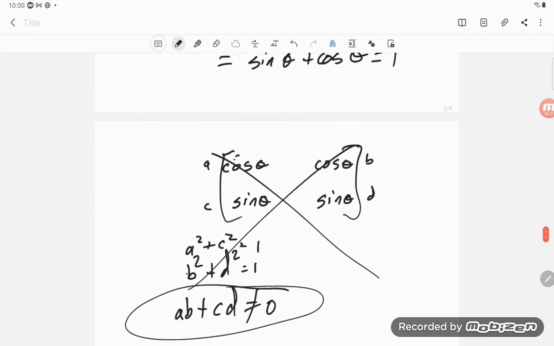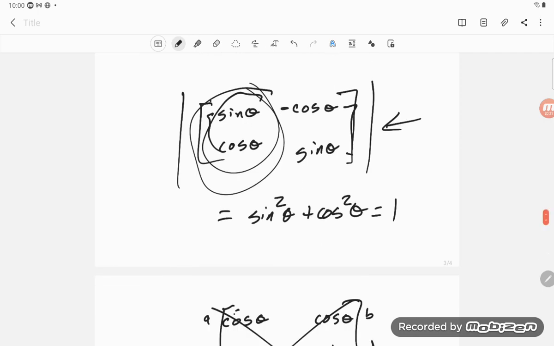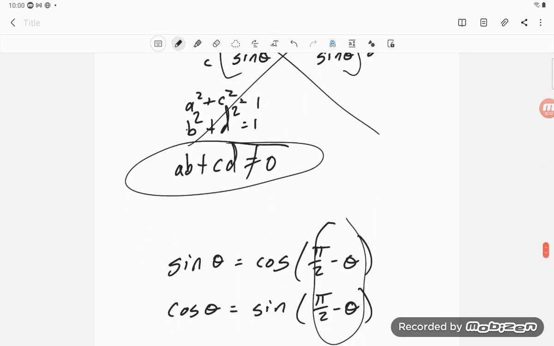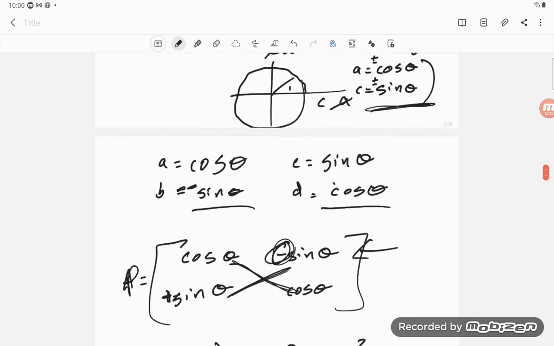So even if you said this is different because it's not what they say in the theorem, I can make it that way. Even if I decided to go with sine there, cosine there, cosine there, I can substitute pi over 2 minus theta to get my sines and cosines the way I want them. Okay.